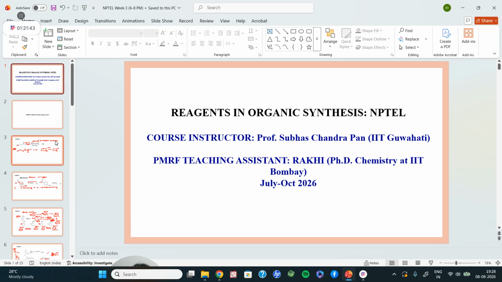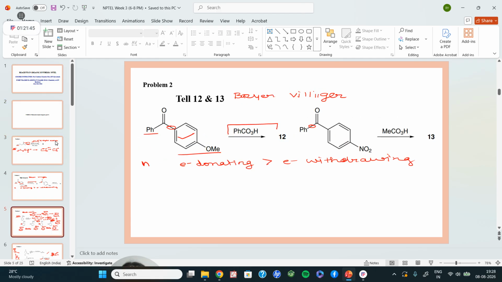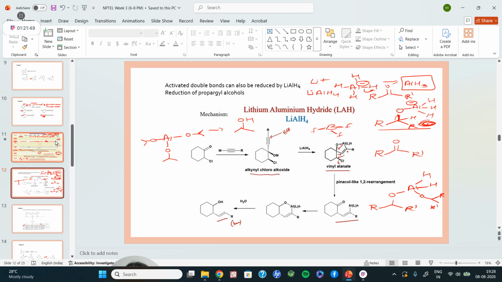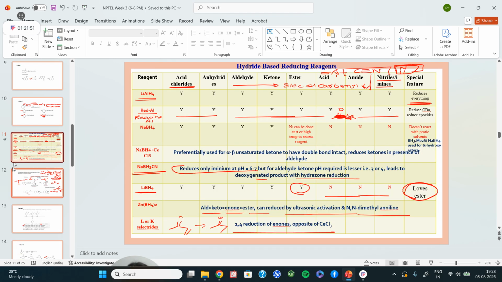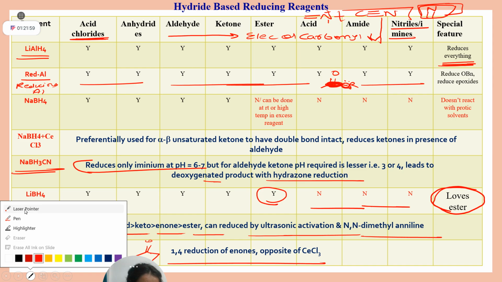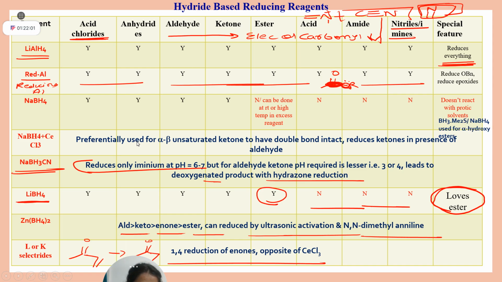One thing I want to emphasize today is please go through this chart. This chart will be very helpful for you students. Let me erase all the annotation on this page, which is not possible for me right now. But this chart is very useful for you.